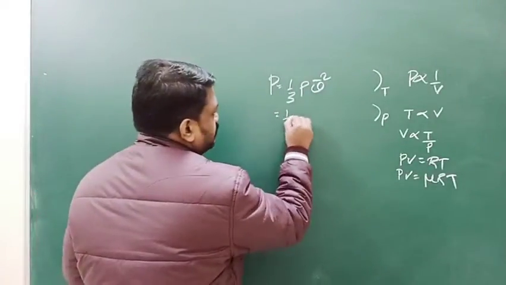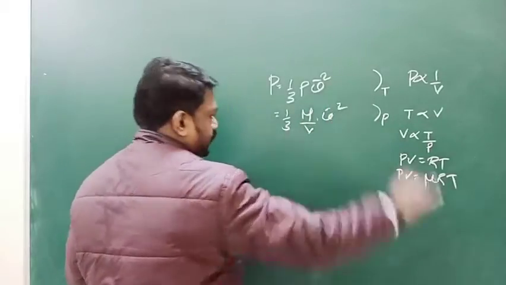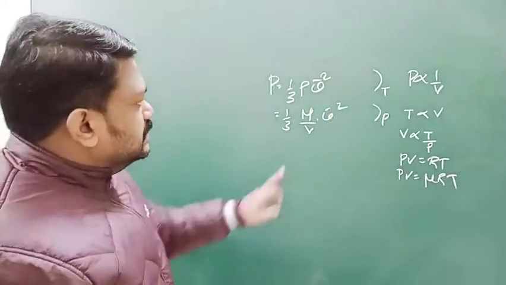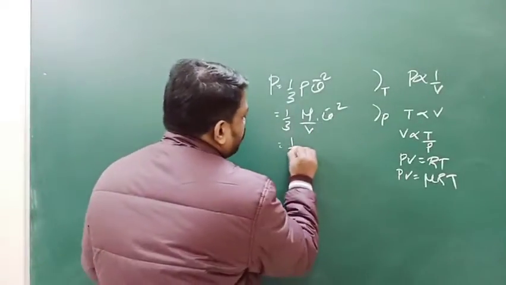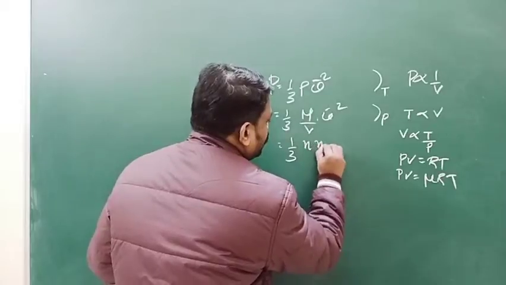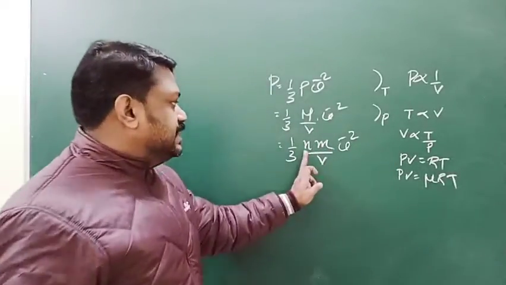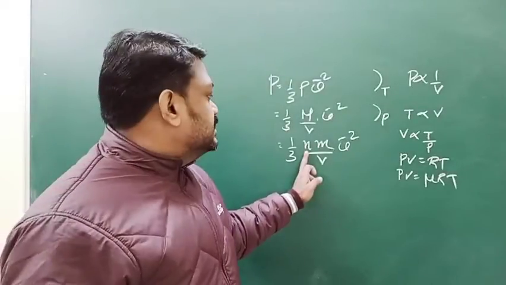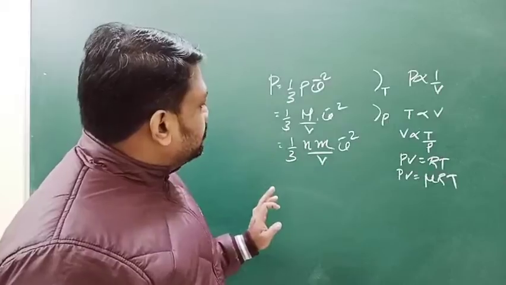Actually it is 1 by 3 into M by V into v square. M by V is the mass per volume. So that becomes 1 by 3 into N into m divided by V into v average square, where N is the total number of particles and m is the mass.